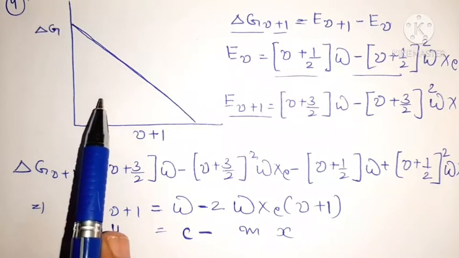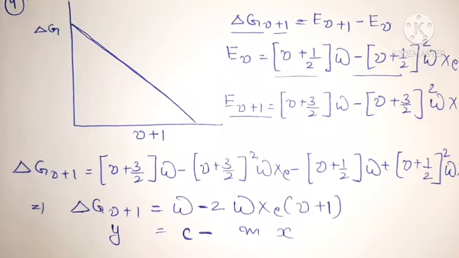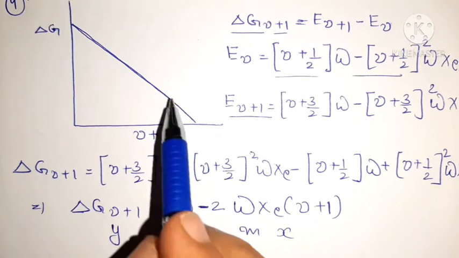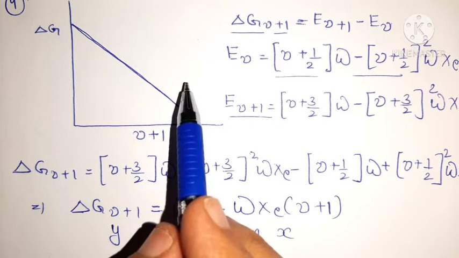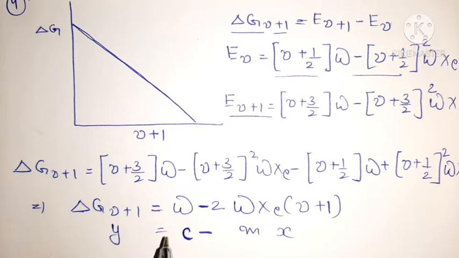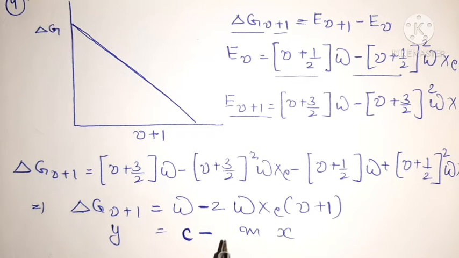See carefully this. The slope of this curve will be minus 2 omega xe, the negative slope, which is minus 14 centimeter inverse given in your question. And the intercept is c, which is omega, also given in your question, that is 2170 centimeter inverse.